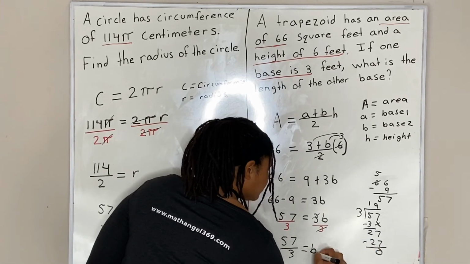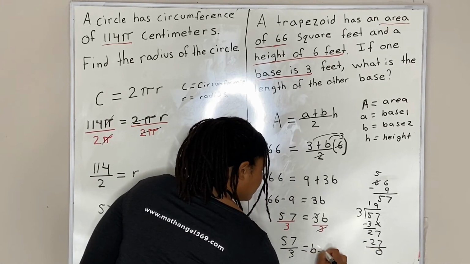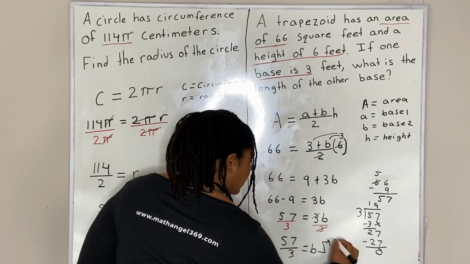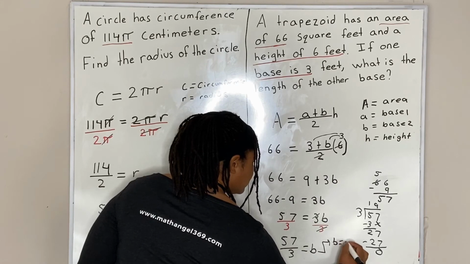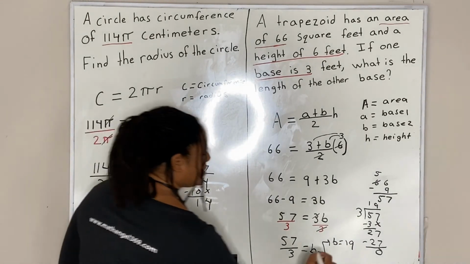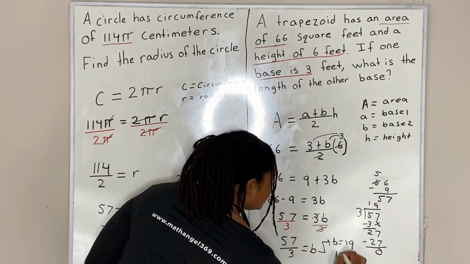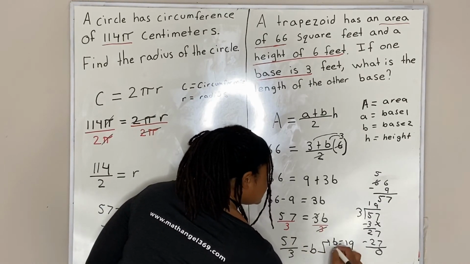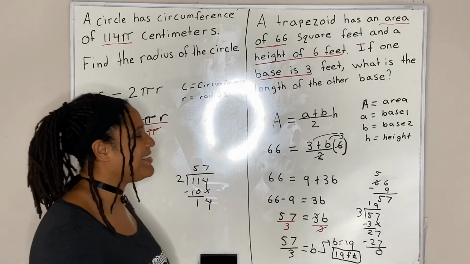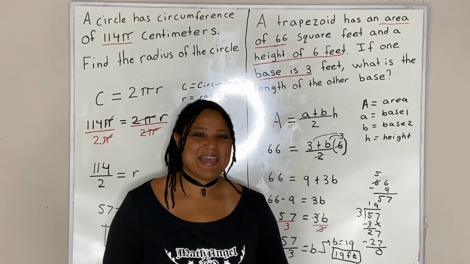So b is equal to 19. So our final answer is 19 feet. And that is the length of the missing base.